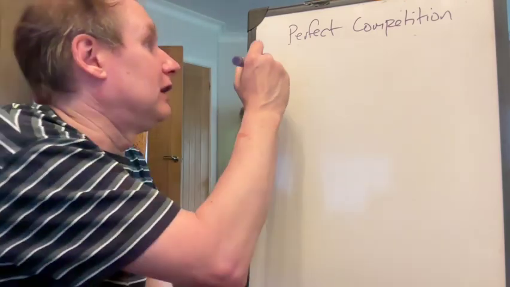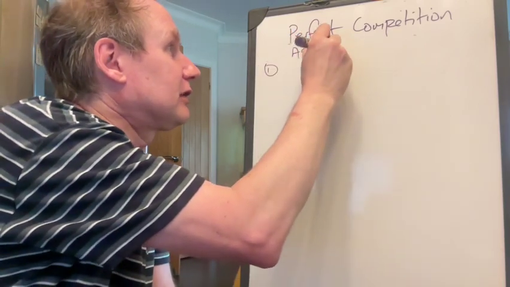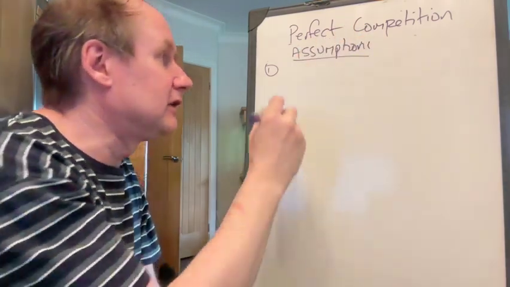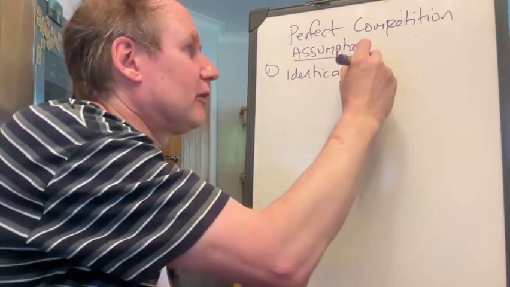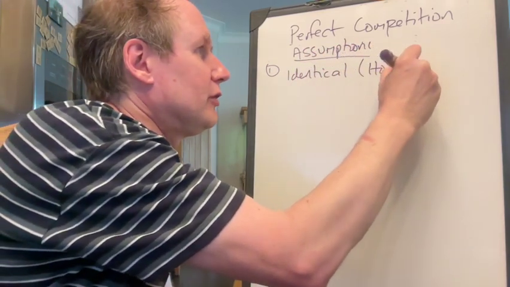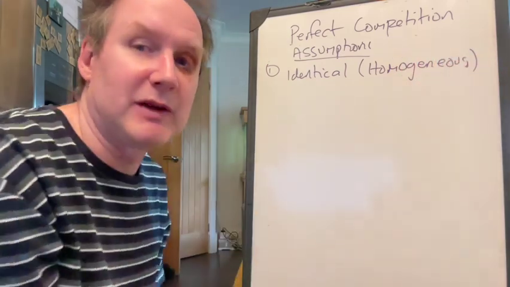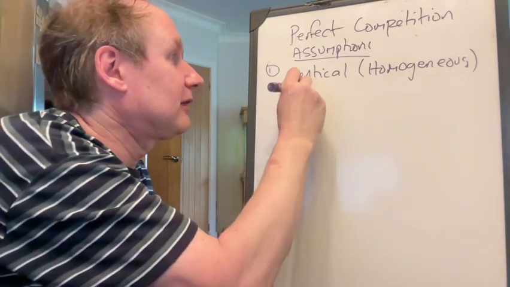The first thing that you'd need, so these are the assumptions of perfect competition, is identical products. If you look in a book, this is called homogeneous.